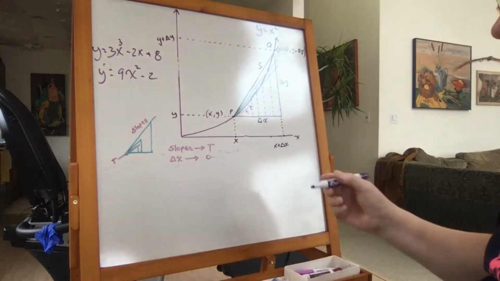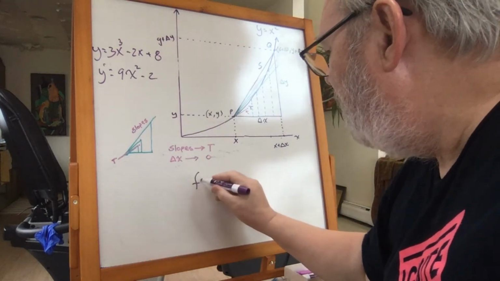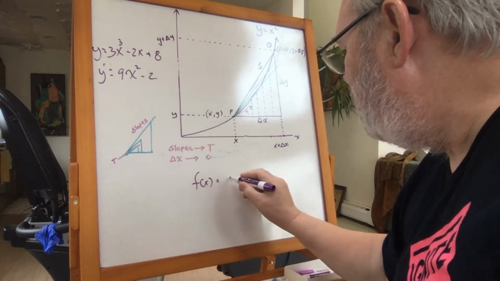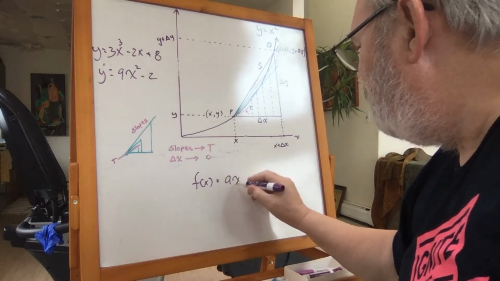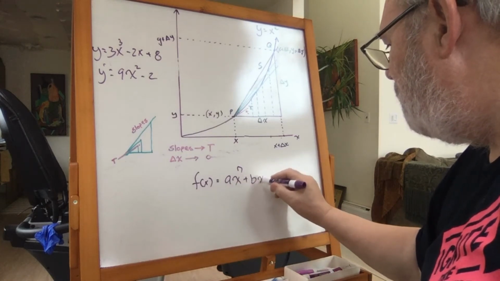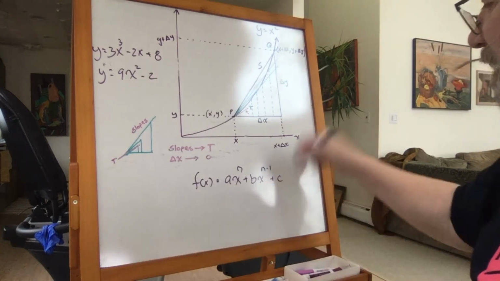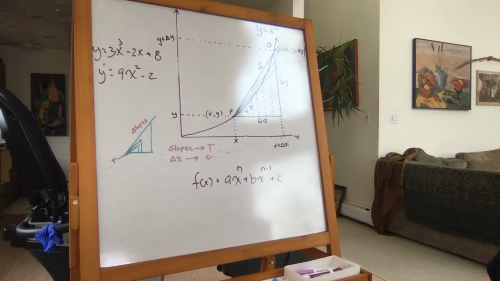And basically what we find for polynomials in general is if we have a function f of x equals a x to the n plus b x to the n minus 1 plus c, you can go on in any way.